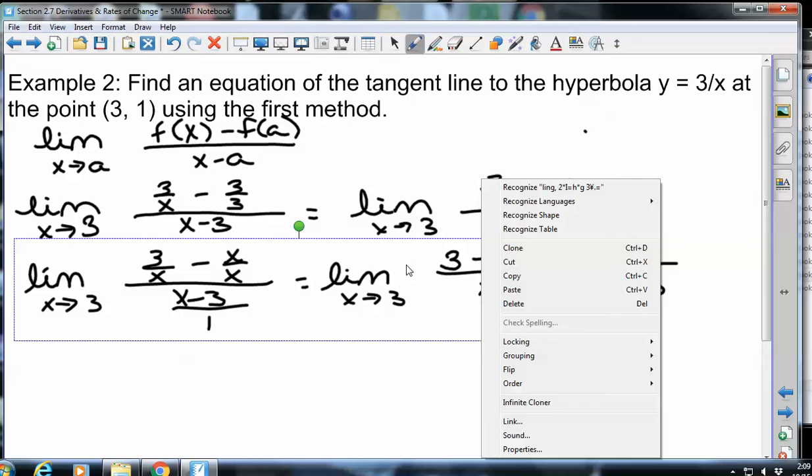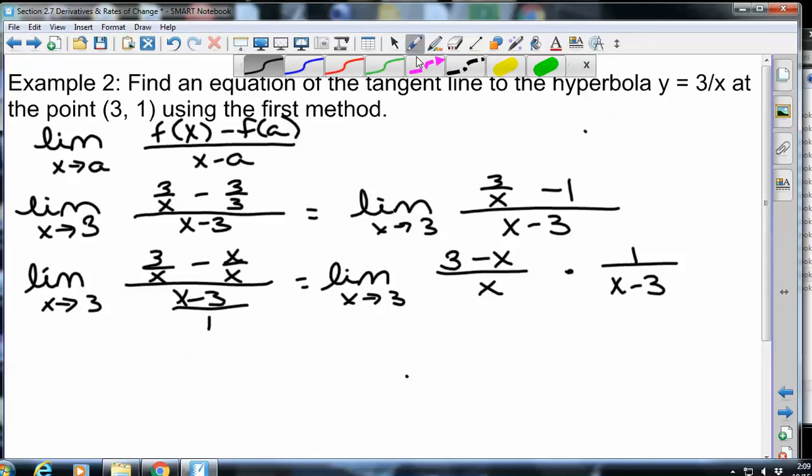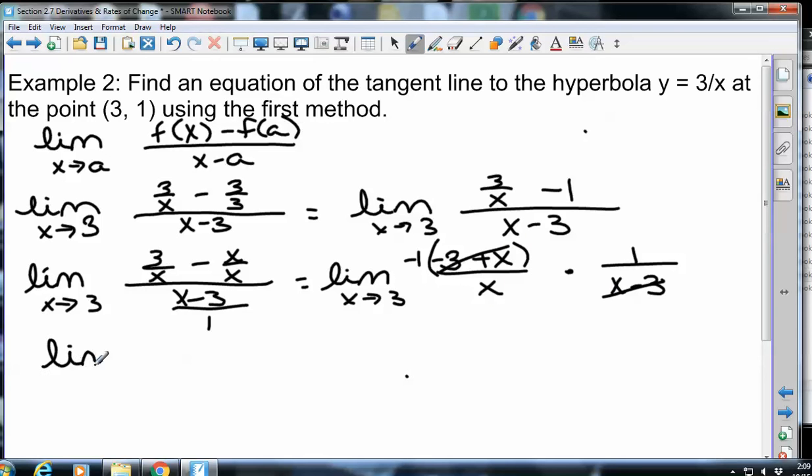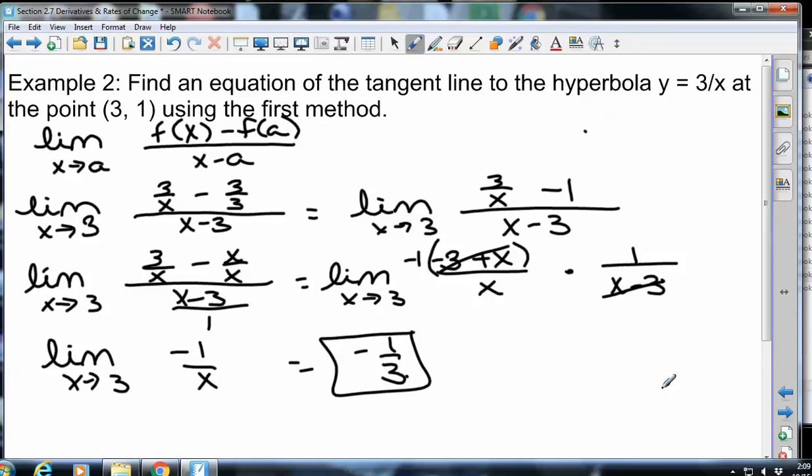What if we just factored out a -1? If I pull out a -1, that would make this a -3 and a positive x. -3 plus x and x minus 3 are the same, so now they drop. We get -1 over x, which gives us -1/3. So same slope we got before.